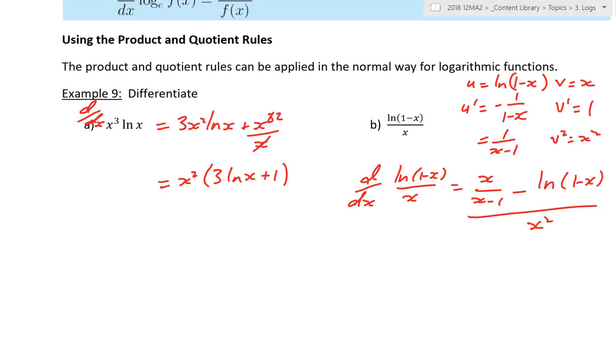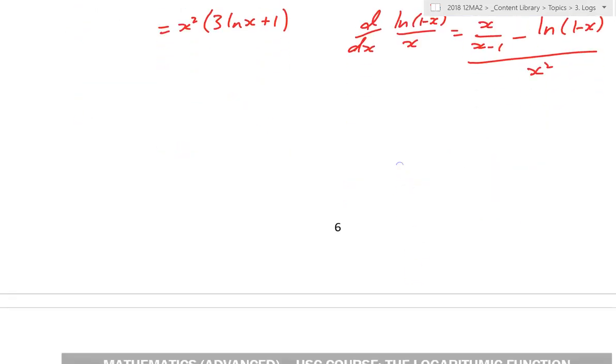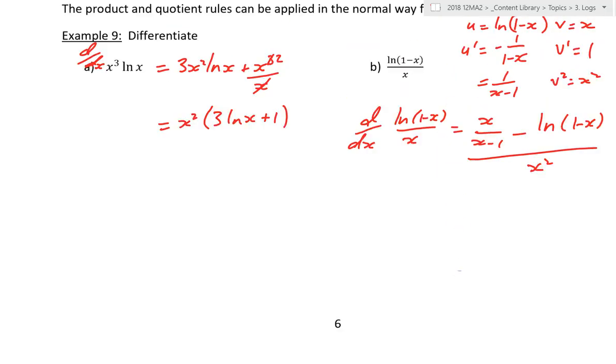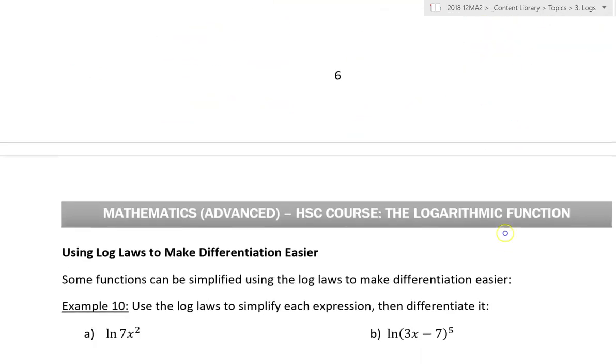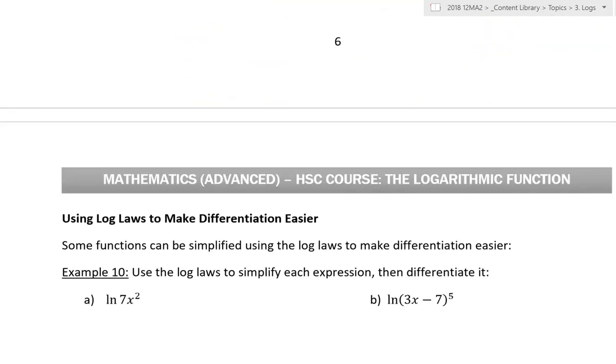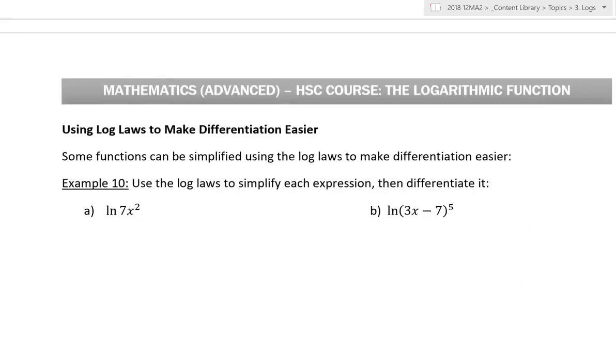Very good. So, product rule, quotient rule. I did mention that we've got a third case that's a bit more complicated. That's fine. The video's not too long yet. We can use log laws to make things easy for ourselves. So let's see how that works.